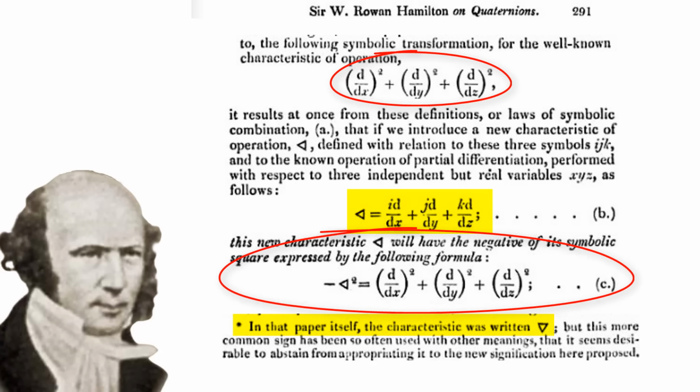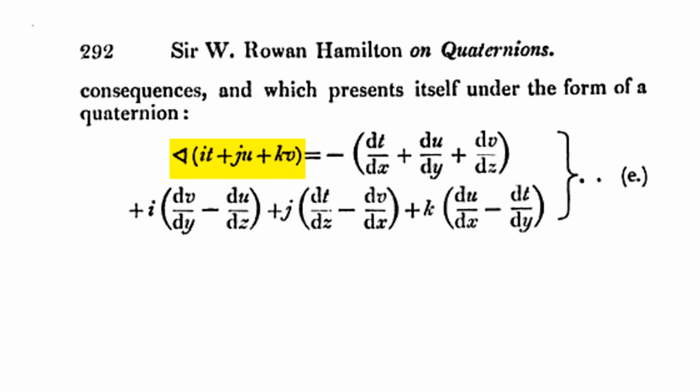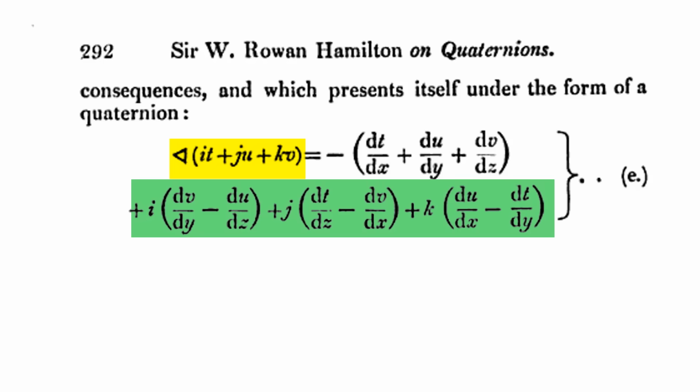Interestingly, Hamilton also noted that if you took the del function times a vector q, then you get 2 results. A scalar, which is equivalent to the modern definition of negative del dot q, and a vector result, which is equivalent to the modern definition of del cross q.